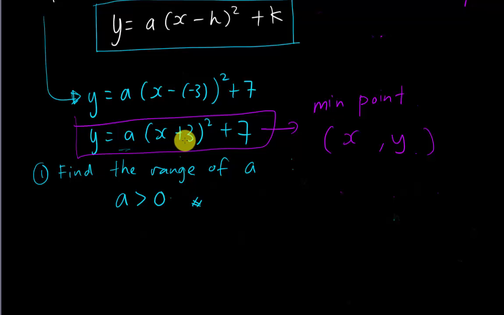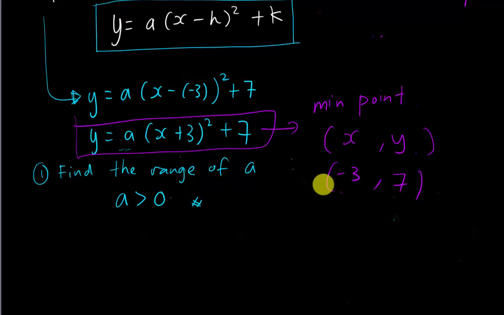This is x plus 3, right? Opposite sign means a different sign. If this is positive 3, you get negative 3 here. This is how we take the x value. And the y value is very simple: you find the only constant value here, which is 7. So this will be my minimum point. It can be a minimum or maximum point if I didn't tell you the a value.